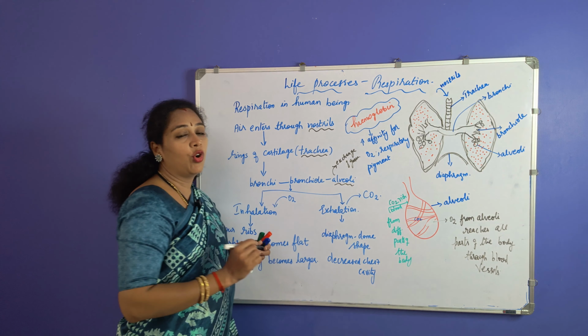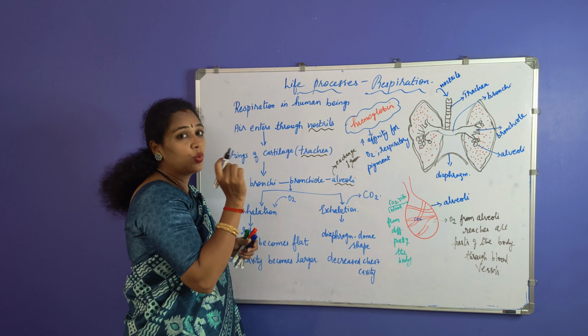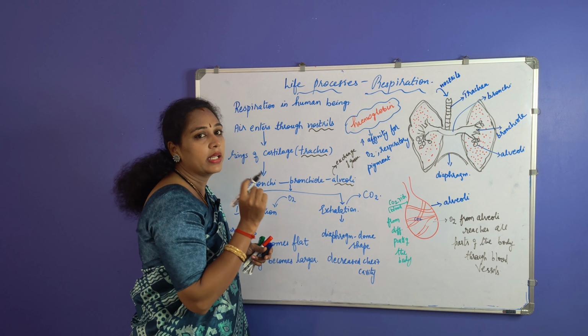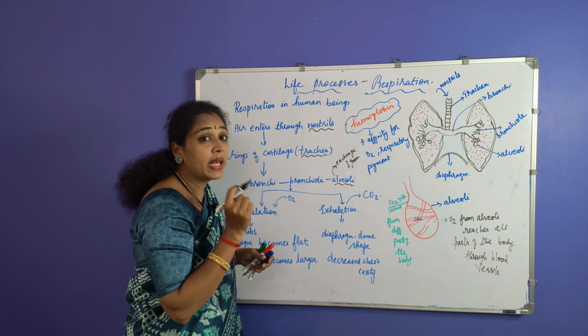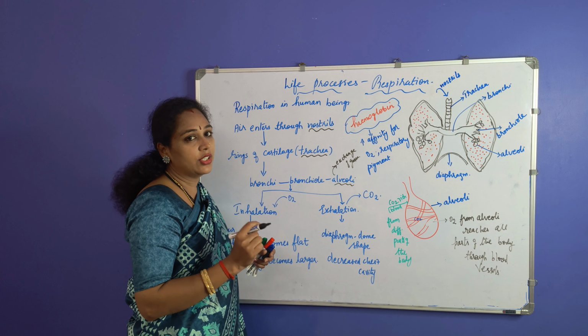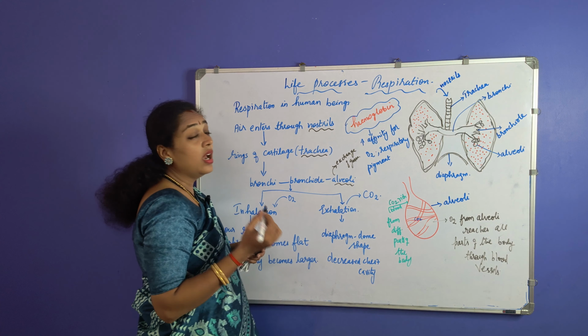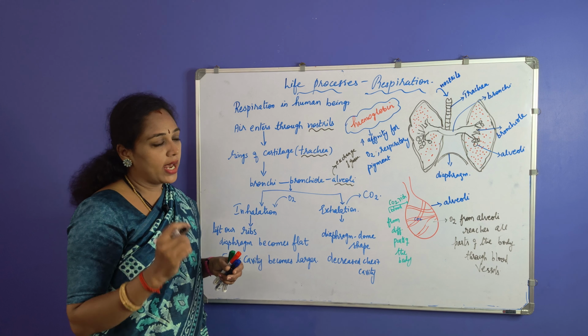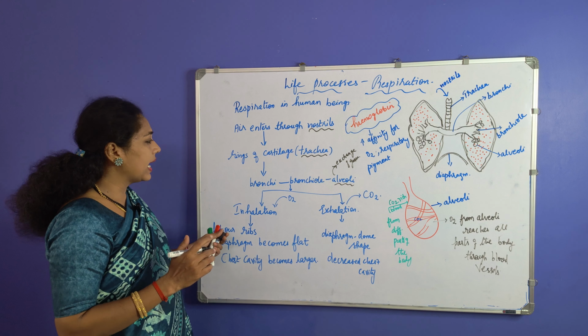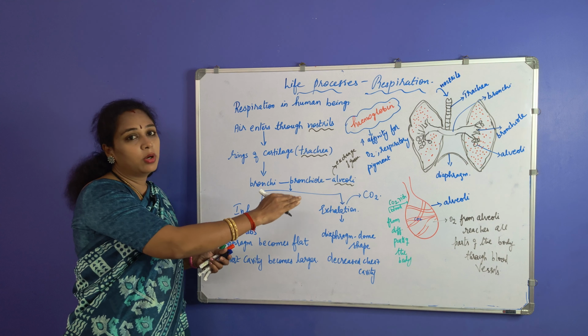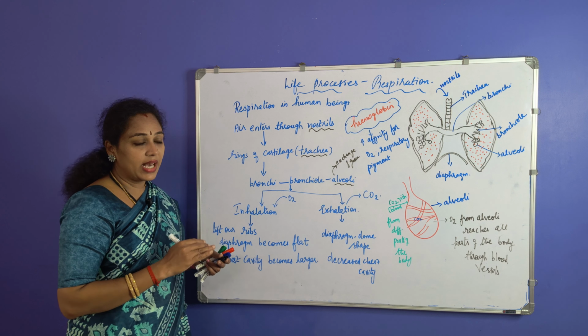So these alveoli are enriched with blood capillaries, and this is the place where the exchange of gases takes place. And then we will discuss how the exchange of gases takes place in the alveoli.